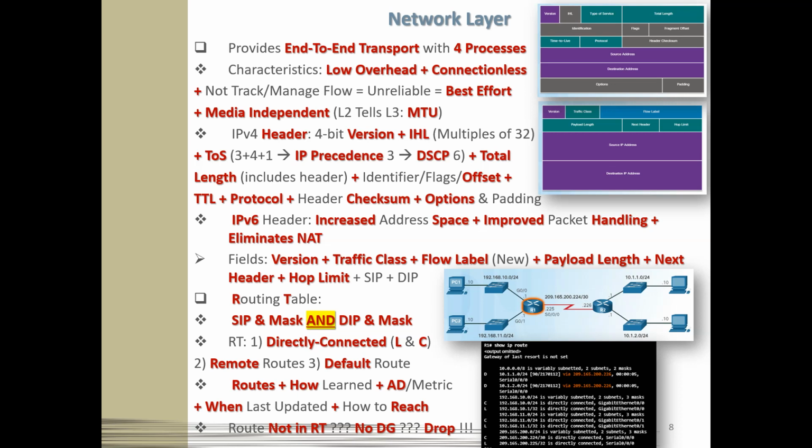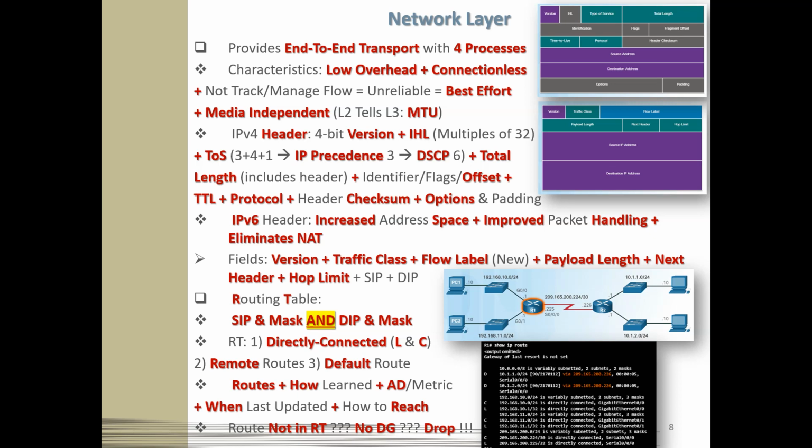Traffic class is an 8-bit field equivalent to what we had as TOS, type of service, in IPv4, or the differentiated services DS field. Flow label, however, is a new header field. It is a 20-bit field. It only comes with IPv6. We don't have it in IPv4.